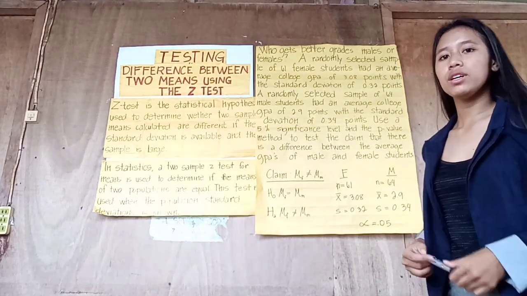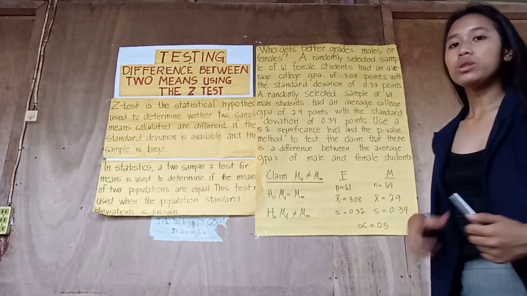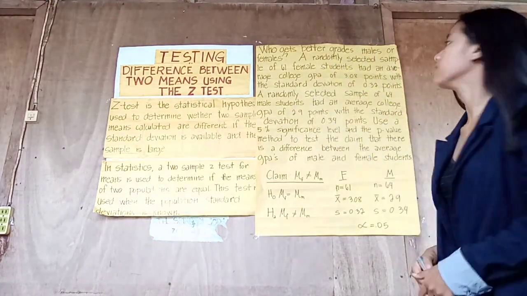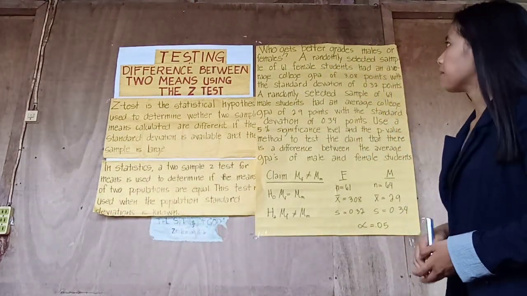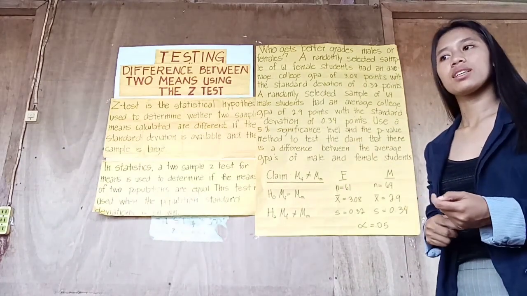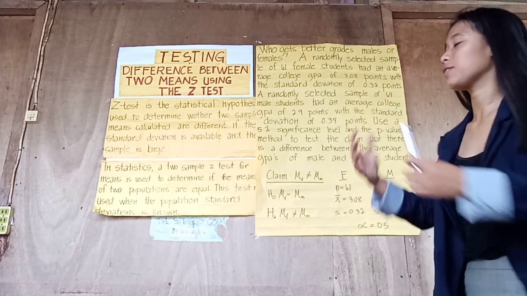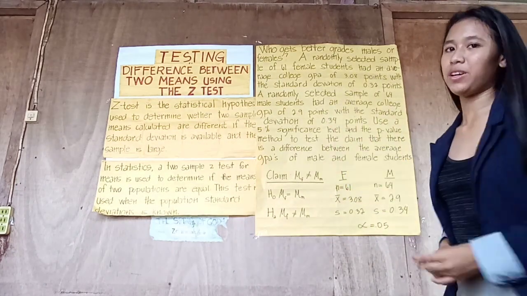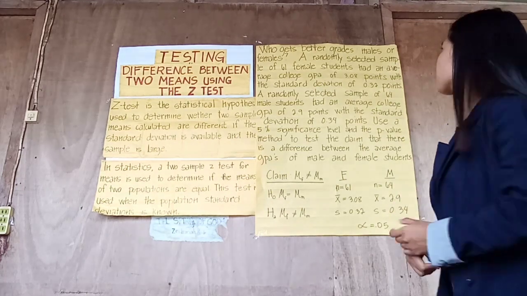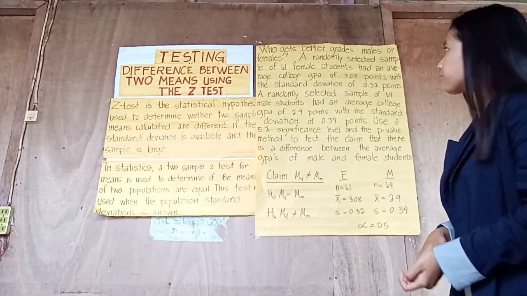Here an example. Who gets better grades? Males or females? A randomly selected sample. Everyone kindly read. Okay, so I will read again so that masabtan yung problem. Okay? So, who gets better grades? Males or females?